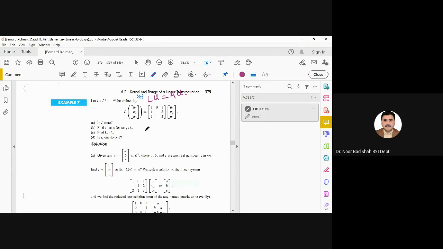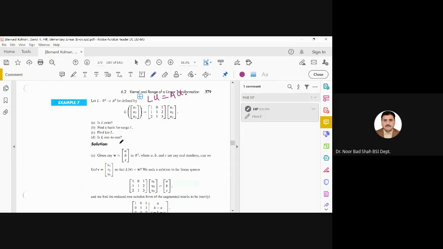Find the basis for the range, find the kernel of L, and then is L 1 to 1 or not? There are two ways to check whether L is onto. One way is to take one element from R3, put that value here, and then solve the system for that equation. If it has a solution, then it's onto. If it has no solution, then we say no.